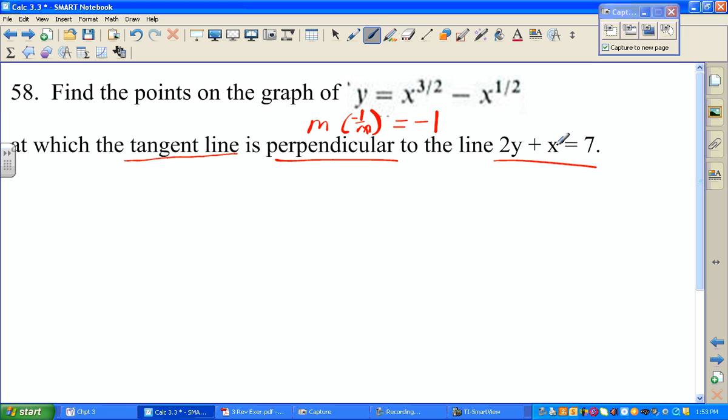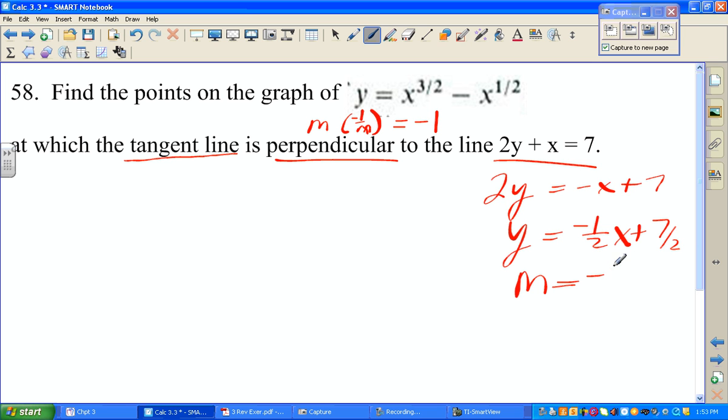It's not too difficult. You have to find this slope. So it's 2y equals negative x plus 7. Y equals negative 1/2 x plus 7/2. So the slope of this line is negative 1/2. They want to find all the points on the graph, so you have to have an x and a y for your answer, at which the tangent line is perpendicular to this line.